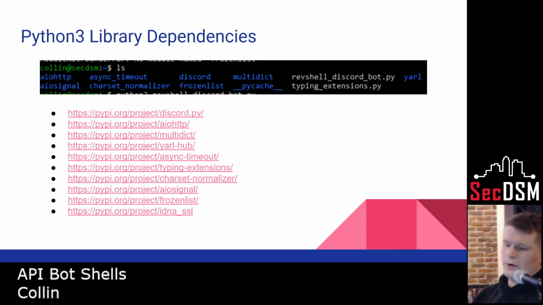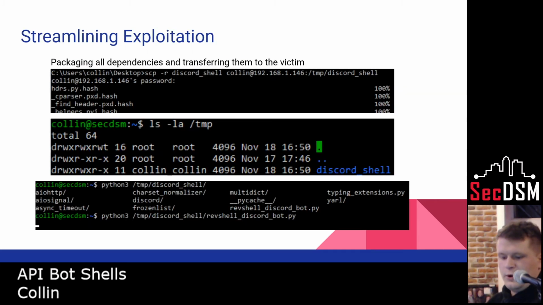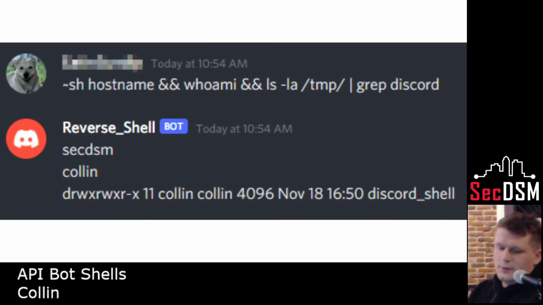I built a folder, and I used whatever you need to use, SCP, wget, curl, anything you can do to get the folder onto the box. That's probably going to be the noisiest part of the install. Once it's on the box, it's pretty easy to get running on Linux because they have Python pre-installed. And at that point, you're running the shell. And this is at user level still. Just to reiterate, no root access is needed. I'm running commands through Discord.